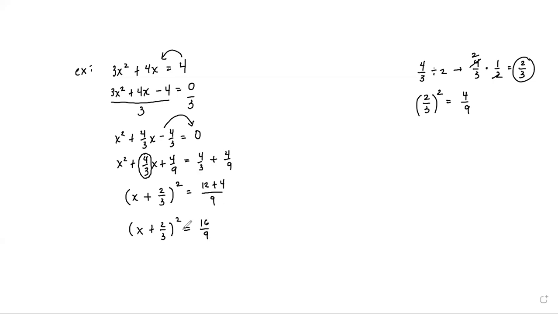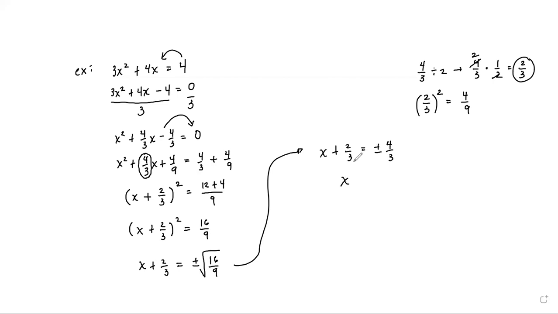Now observe here that we can use the square root property in order to solve for x plus 2/3. So x plus 2/3 is equal to plus or minus the square root of 16 over 9. So this would imply that x plus 2 over 3 is equal to plus or minus 4 over 3, because that's the square root of 16 over 9.